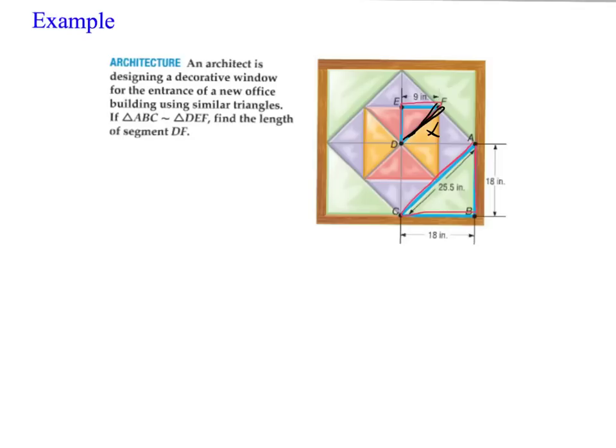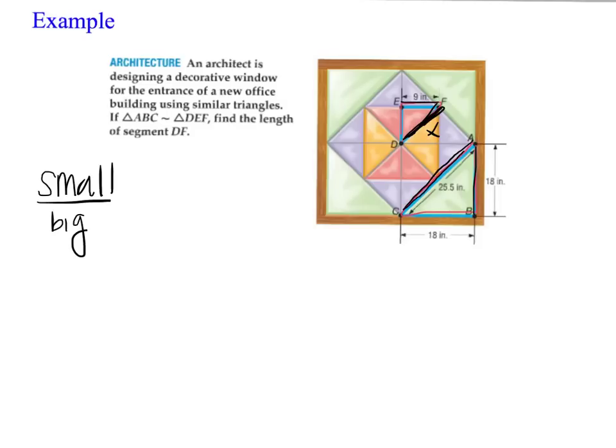Let's set up the triangles from small to big. And I know this side EF, and I know this side AB. I also know this side DF corresponds with this side AC.